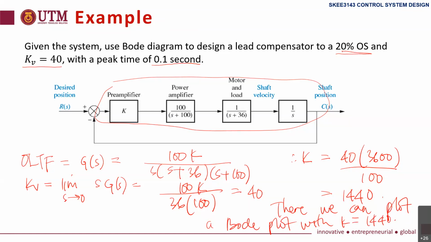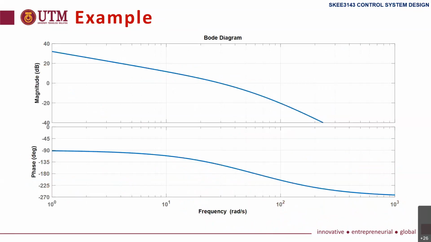It is good if we can have a bode plot with K equal to 1440, such that we get Kv equal to 40. Okay, this is the bode plot with K equal to 1440.